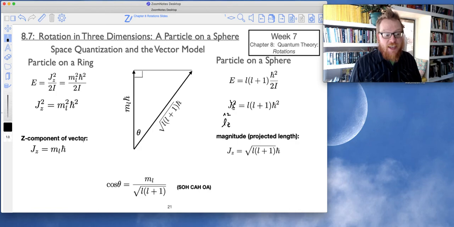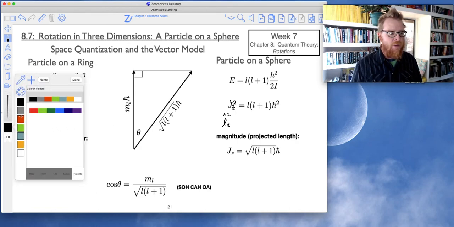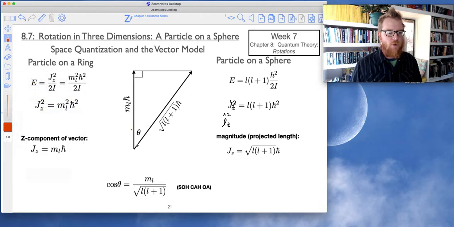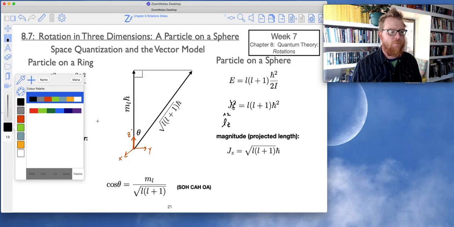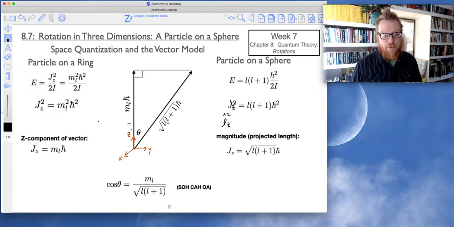So if the z component, the projected z length, is ml h bar, let's make a coordinate system. I'm going to draw that right here with my origin starting at this triangle, where now this is, let's call it x, y, and z. Now we can see my z component of the vector is given by ml h bar.